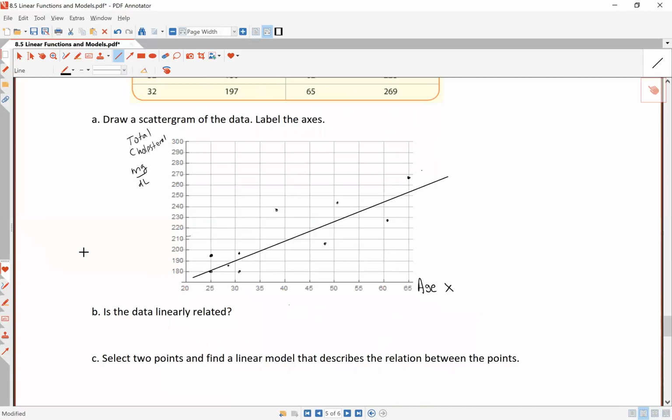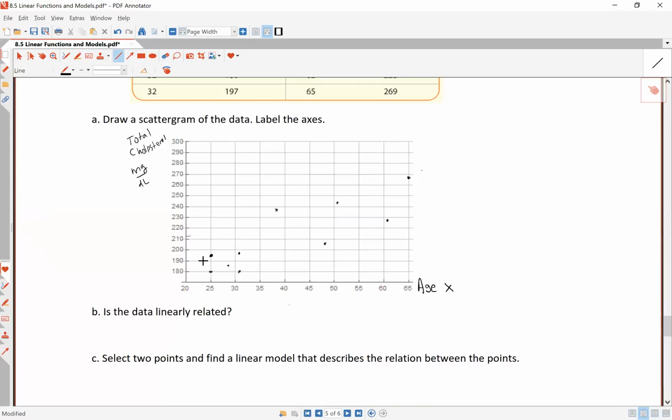This is beyond the scope of this course, so we do this another way. We choose 2 points and find a linear model that describes the relation between the 2 points. But the 2 points that we choose, we want that line to be a good representative of all of the points. So we have a lot of choices here.